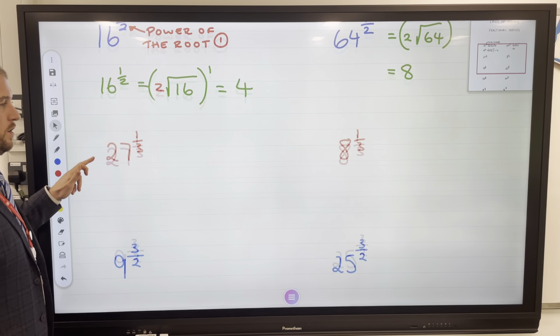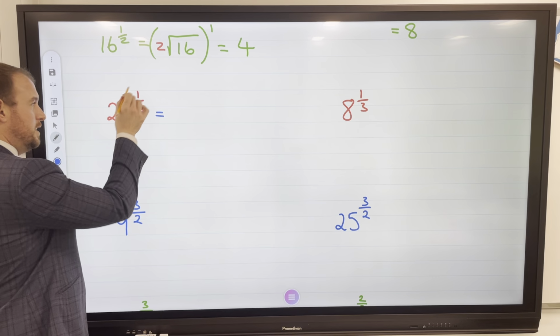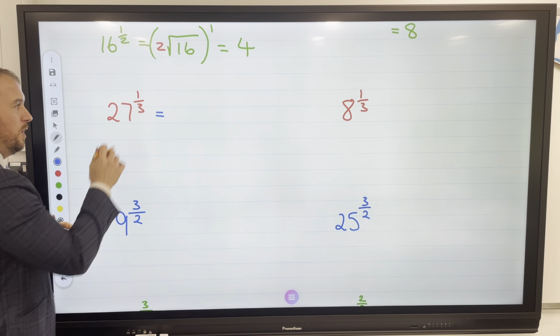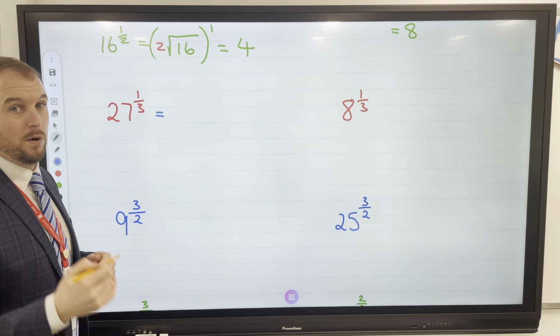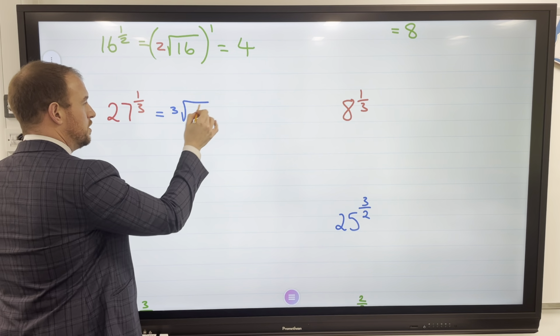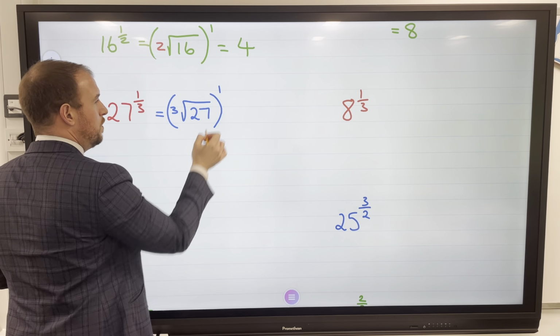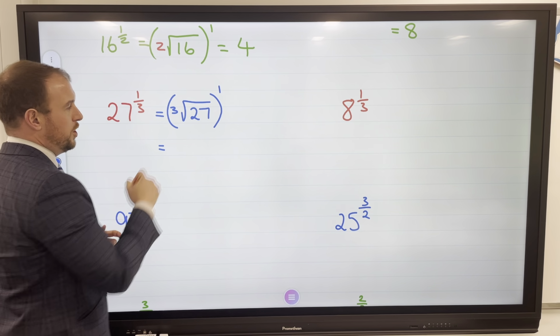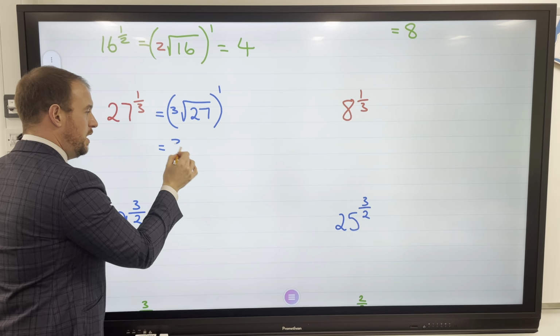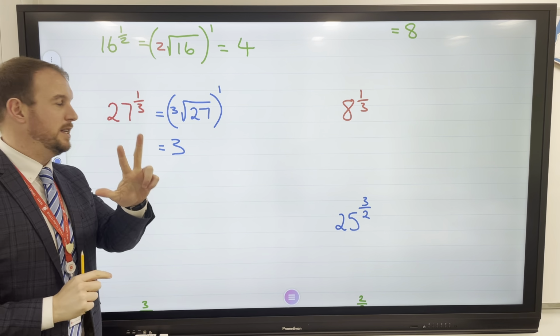So then, using this, 27 to the power of a third, well that 3 is the power of the root. So it would be cubed root of 27 to the power of 1. Cubed root of 27 is 3, because 3 times 3 is 9, 9 times 3 is 27.